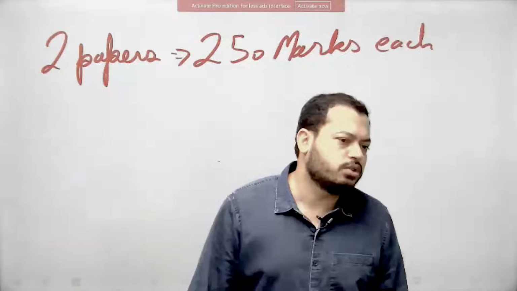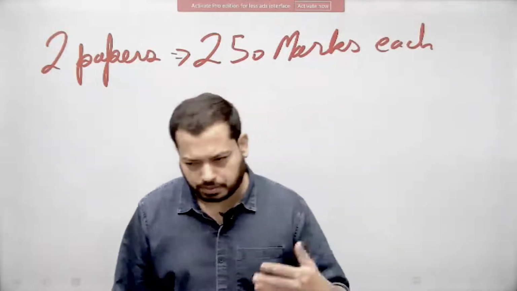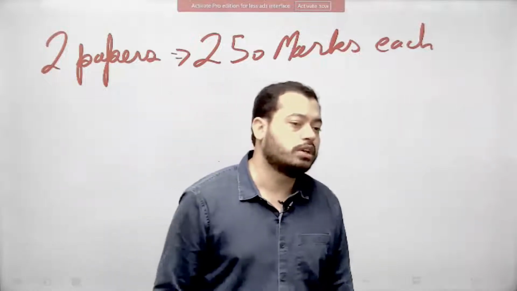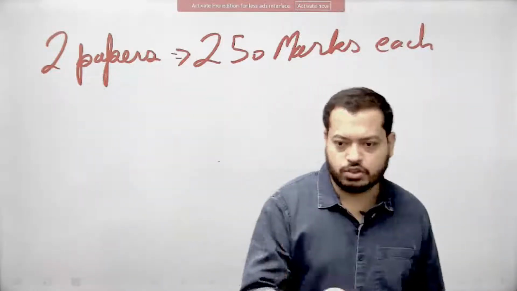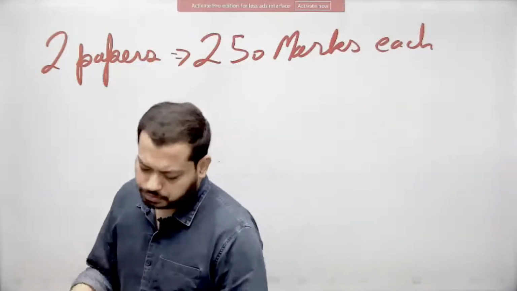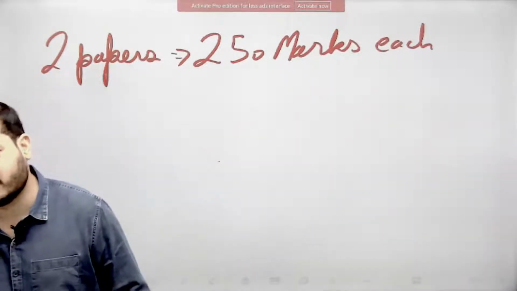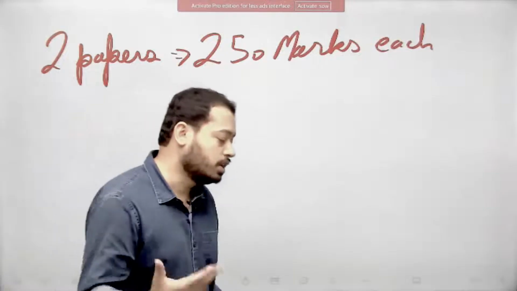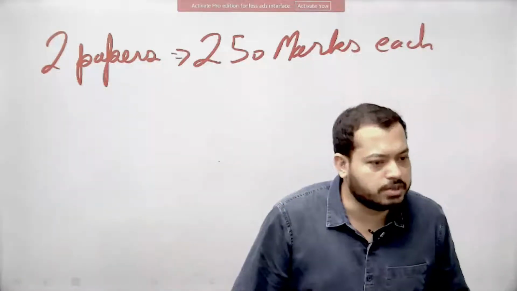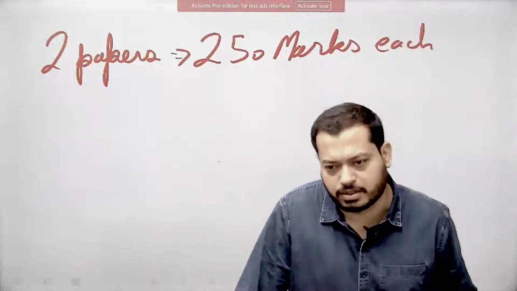That is why even people from a technical background choose humanities optionals. Suppose you are an engineer, but when preparing for civil services, instead of normal engineering subjects, you will opt for one of the humanities.